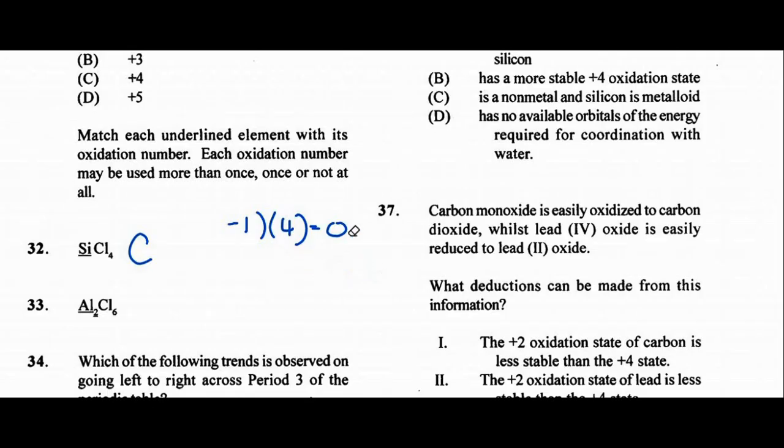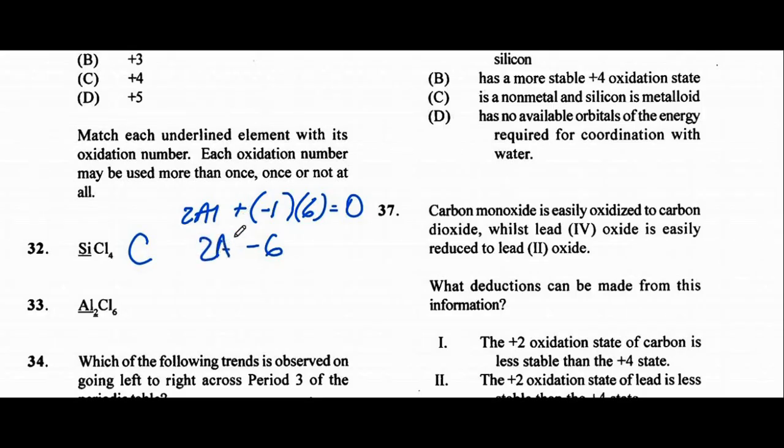Alright, so we have 2 aluminum atoms, and we have the chlorine, which I told you was -1, and we have 6 of those, so multiplied by 6, and the overall charge of that entire compound is 0. 6 times 1 is 6, but we have a negative right there, and we have 2 aluminiums, and it's equal to 0. 2 aluminium is equal to +6 if you bring it over.